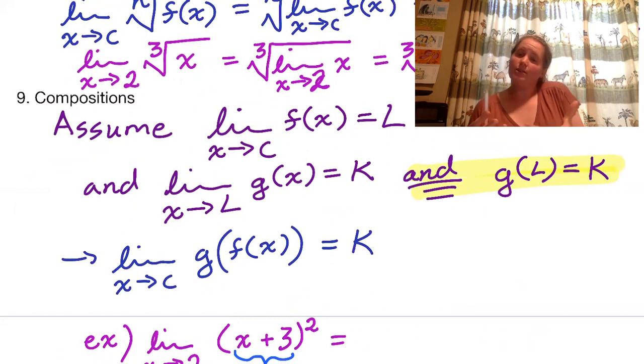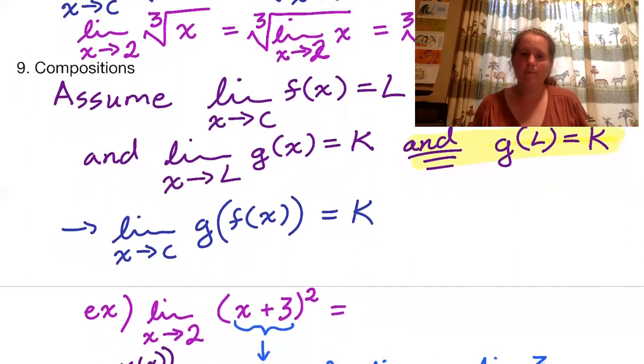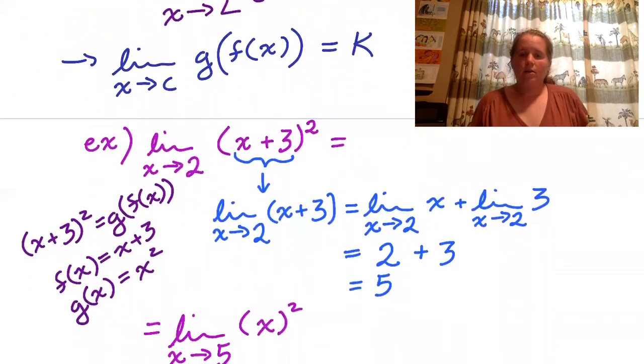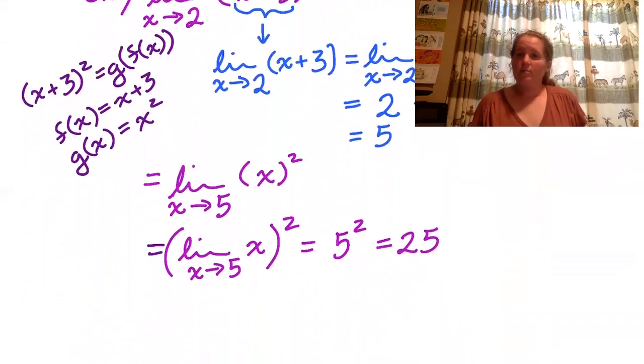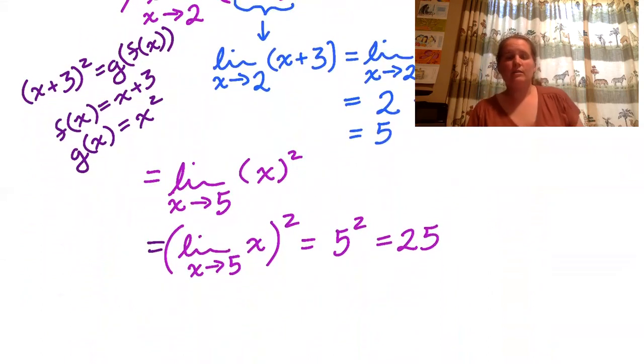So if our inner function is a constant function, or if it's constant near our x equals c, then when we go to take the limit of g, we're not actually coming in along x, we're stuck at whatever f was constant at. But as long as we have that equality, then we can just continue on through. So that is just some taking limits. This kind of allows us to work with any polynomials we like, and we can go ahead and evaluate the limits that way.